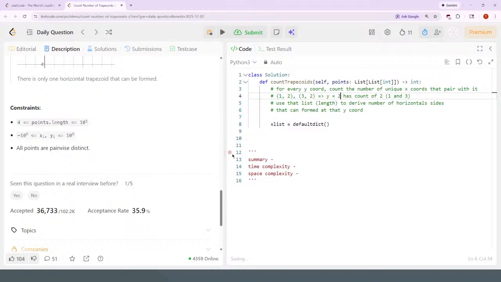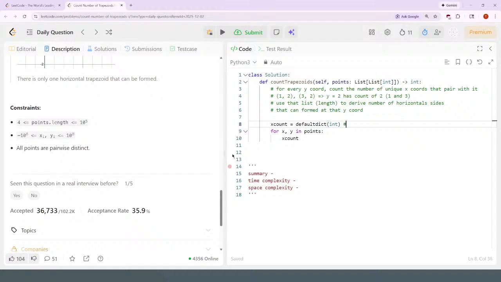So the y coordinate of 2 has a count of 2. So the default dictionary is int, for every point x, y in points. I guess this should be x count.